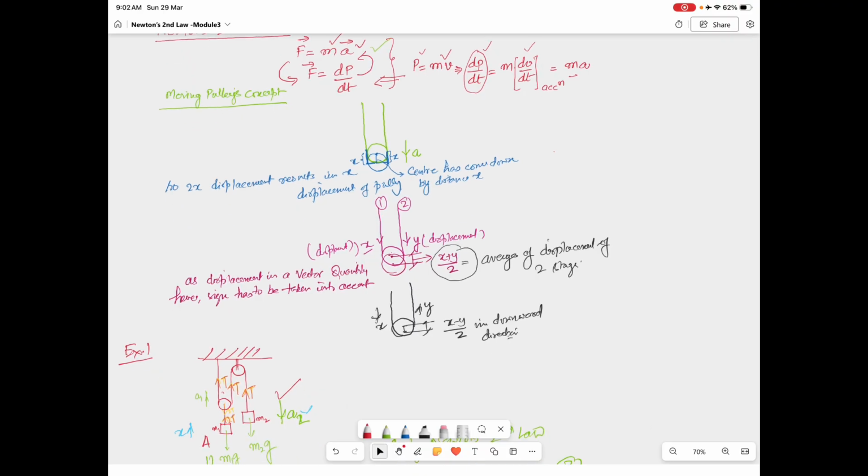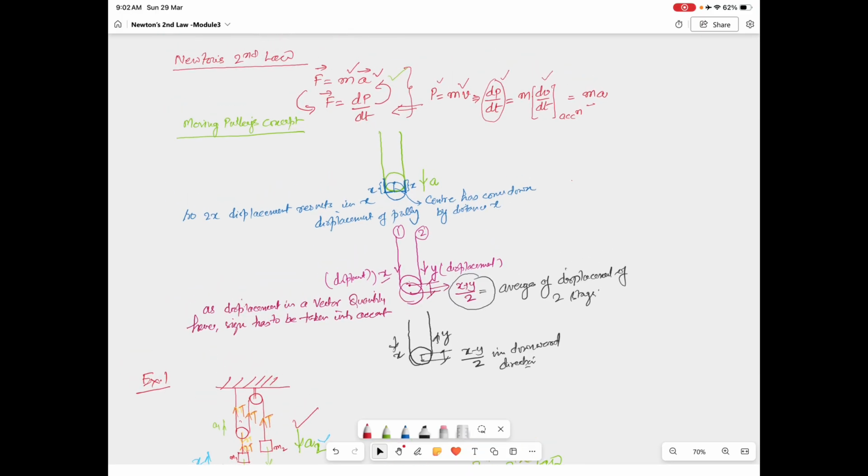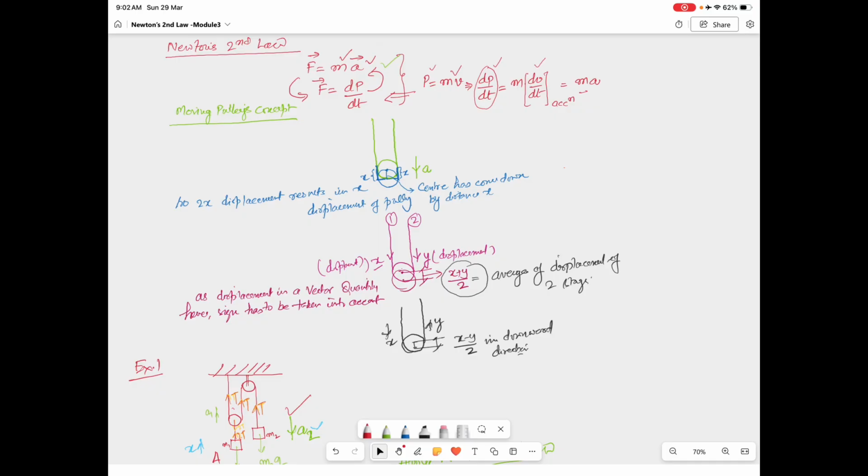Now we come to the moving pulley concept. You must understand the moving pulley concept because the questions I have covered in this video relate mostly to connected bodies with moving pulleys. Here, in the green you can see the initial position of the pulley, and if I bring it down by an amount x, what will happen?